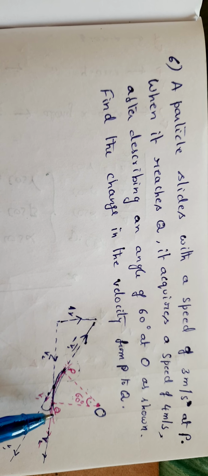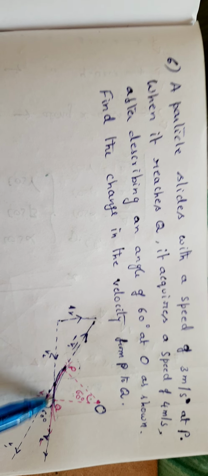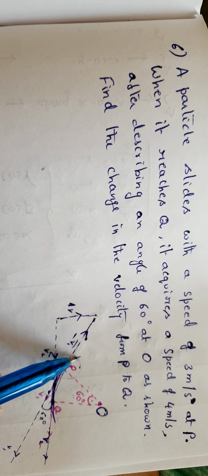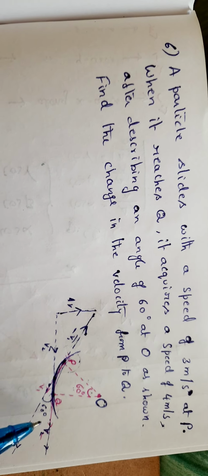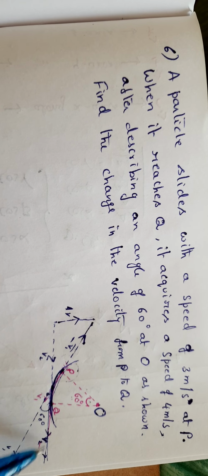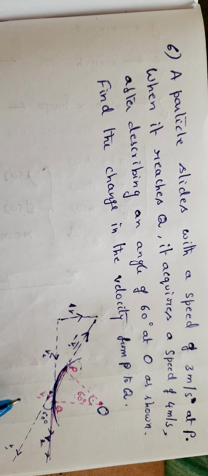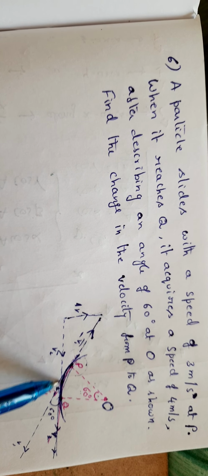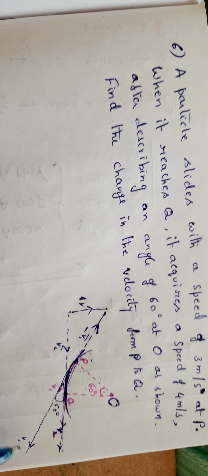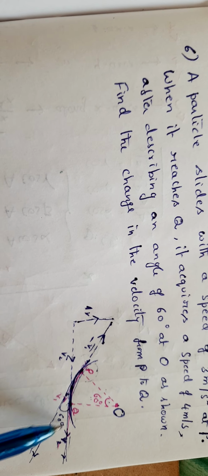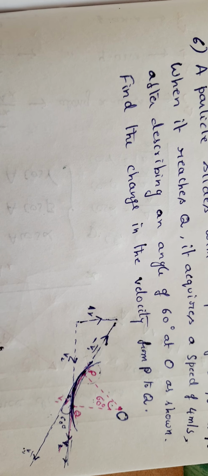So when you say change in the velocity, first of all, this is the curved path along which the particle is moving, and along the tangent at this point acts V2, that is the linear velocity, and here the tangent gives you V1. So you know V1 bar, V2 bar, their magnitudes also you know, and the angle between them is 60 degrees.